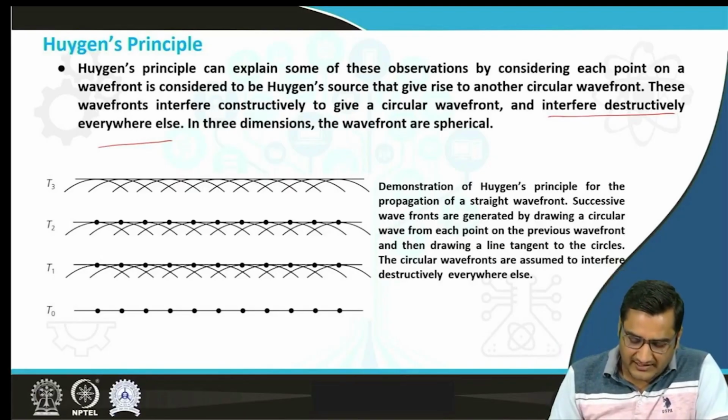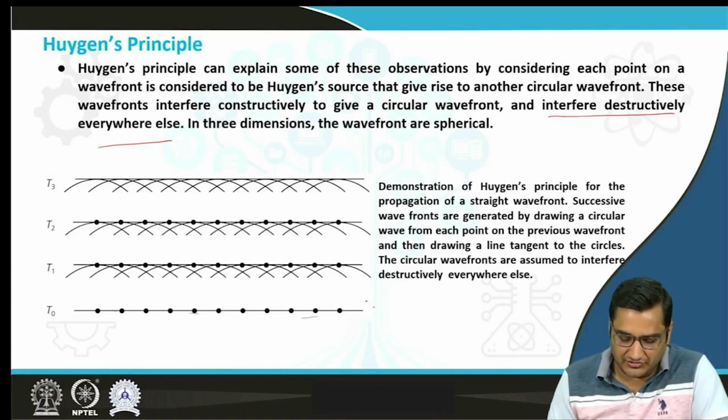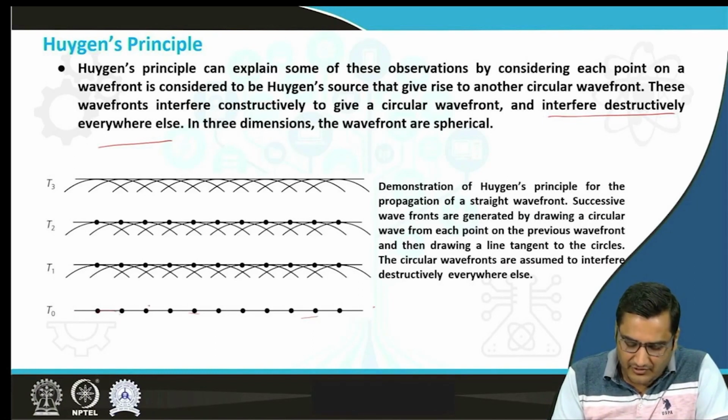You can see this is the position of the wavefront at t equal to 0, and when we take some points on this wavefront, then at t equal to 1 we can make circular wavefronts around these points, and join the peaks of these wavefronts to make the new position of the traveling wavefront at t1.